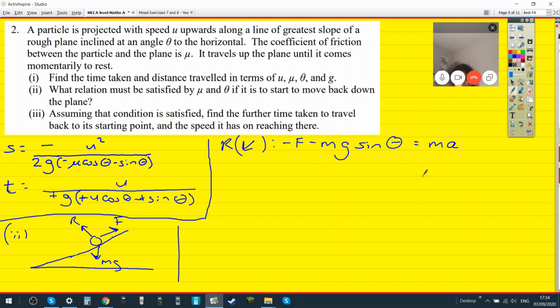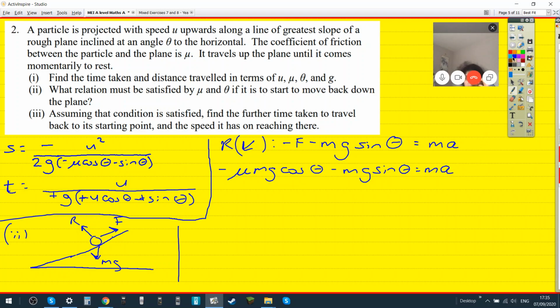Seems alright. What relation would you have for mu if it has to move back down? Maybe because it wants mu, you can substitute mu R instead of F. Instead of F? Yeah. Okay.